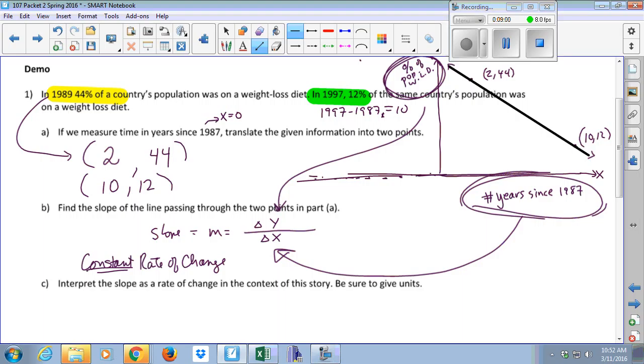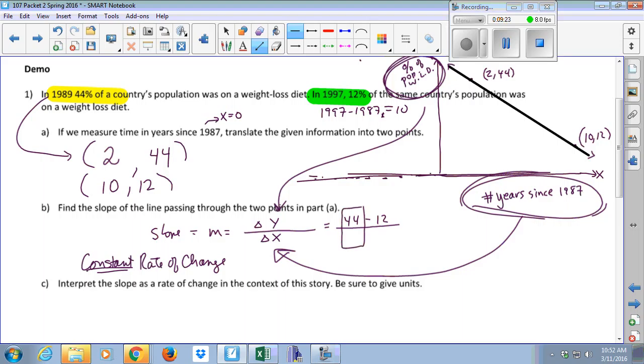Right. Okay. So let's take our 2 y values, 44, and we're going to take away, we're going to subtract them. The order doesn't matter. You can say 12, take away 44 if you want. But what matters now is the order that you write the change in your x. So notice your first y value here is 44.